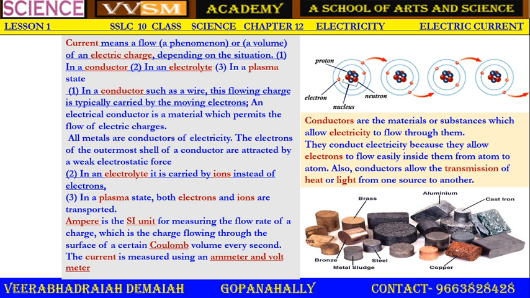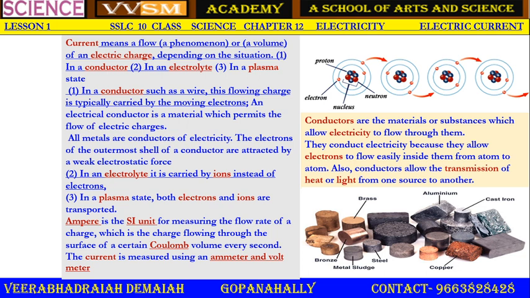Matter is made up of atoms, atomic structure. I would like to divert your attention toward the atomic structure. An atom consists of electrons, protons, and neutrons, as you know. The protons and neutrons are packed together in the nucleus, and the electrons are revolving around the nucleus of an atom in different orbitals.